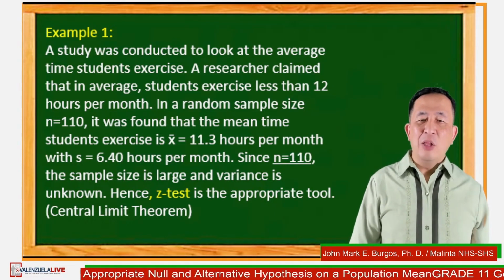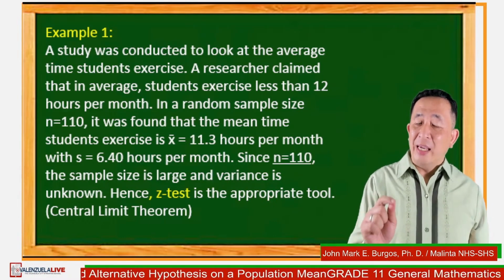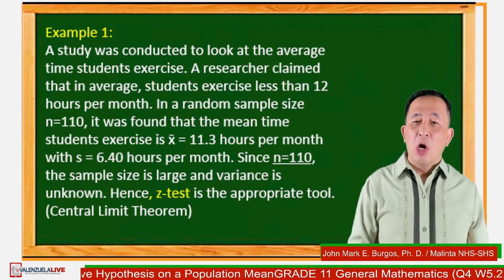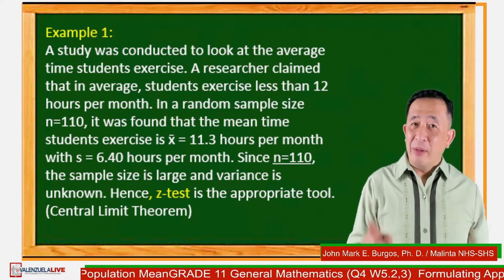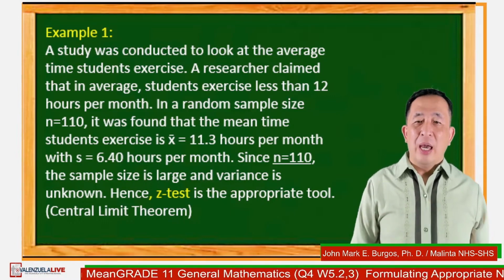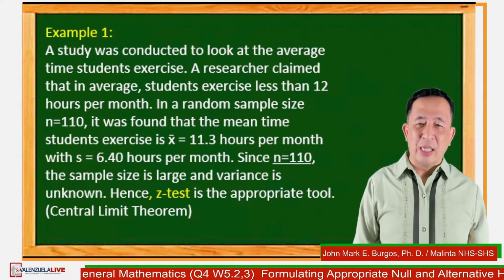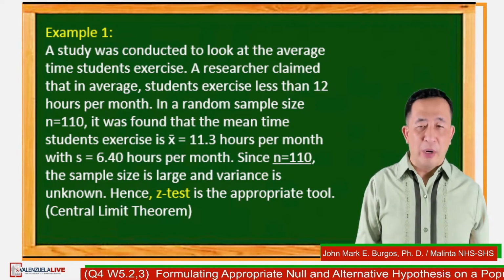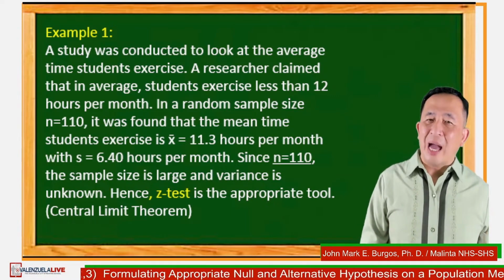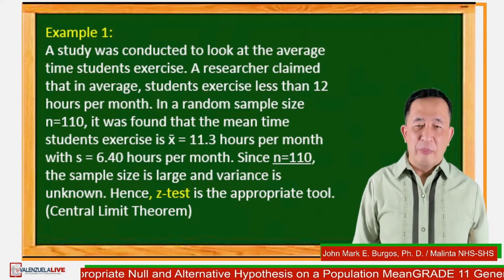In a random sample size, take note of this, of 110, remember that is 110, it was found that the students exercise with a mean of 11.3 hours per month, with a sample standard deviation of 6.40 hours per month.